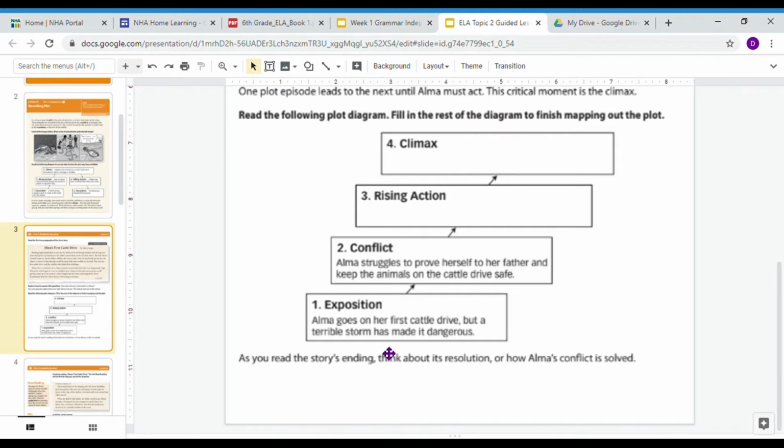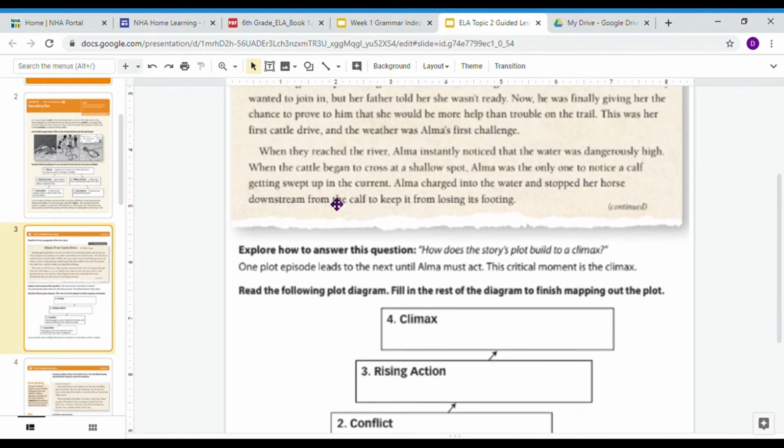So as the story continues, as we continue to read, we notice that the cattle start crossing the river. We're trying to figure out where that rising action is. Remember that suspense building. That's what we're looking for. So what part of our story did really had the suspense starting to build?